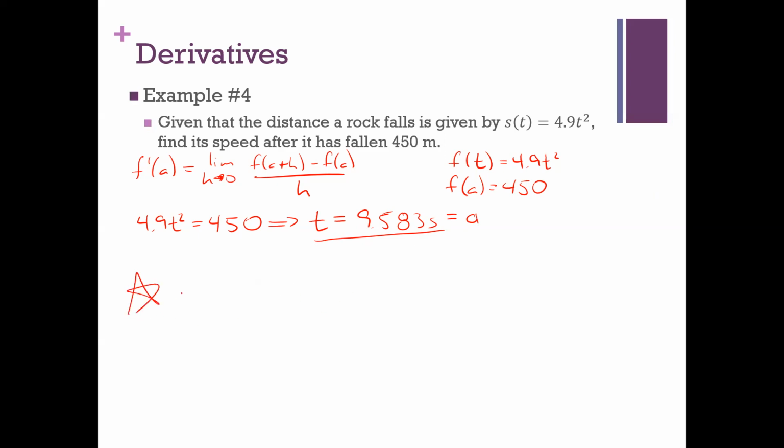And I'm going to leave this as an exercise for you. I'm not going to do it in here, but I definitely encourage you to do it on your own. Show that f prime of a is approximately equal to 93.91.